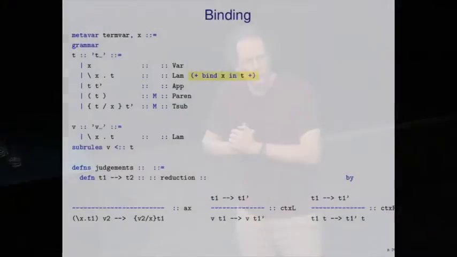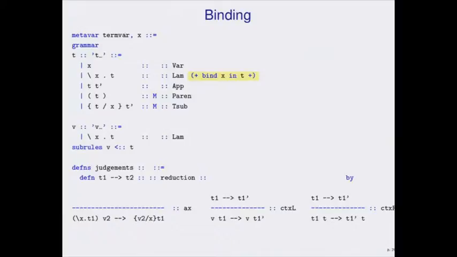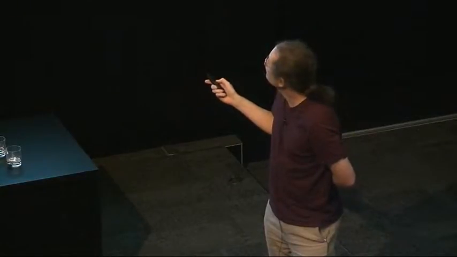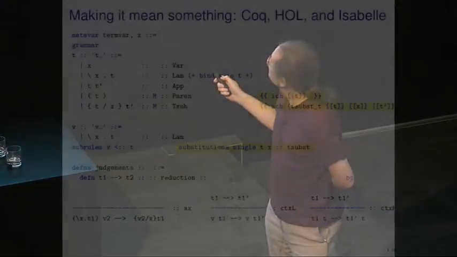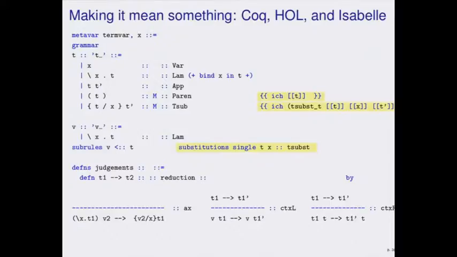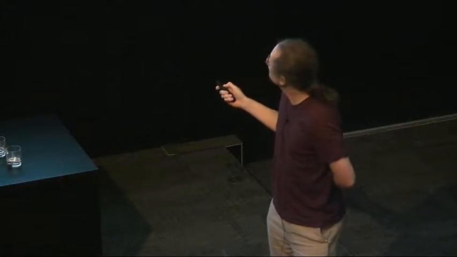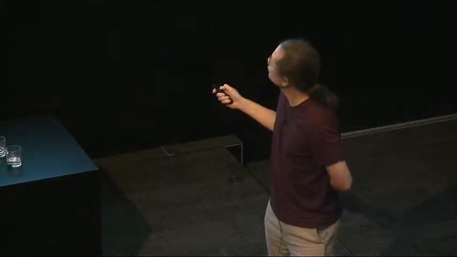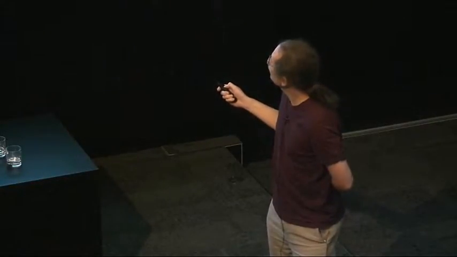If you want to actually make it mean something, which I would hope everybody here would, then you need to say what binds in what. In this case, that's quite simple. That doesn't exercise much of the language. And you need to say just a tiny bit of extra data to map that into a theorem prover definition. The tiny bit of extra data you need to say is, please, Ott, generate me a substitution function for single substitution of 1t for 1x, and call it tsubst.